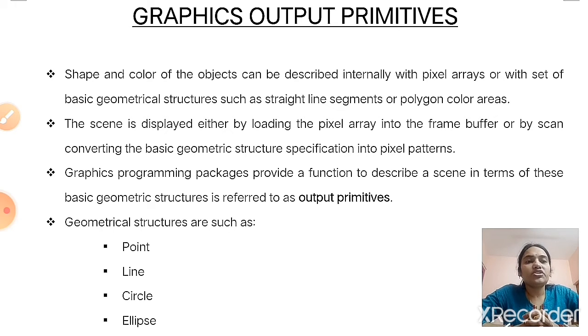Now, any picture you take can be viewed in several ways. Shapes and color of the objects can be described internally with pixel arrays or with a set of basic geometrical structures such as straight line segments or polygon color areas.